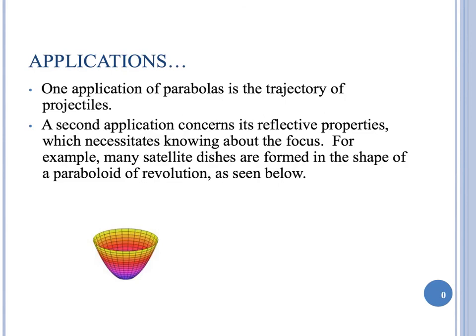If we're looking at, say, satellite TV, if you have dish TV service, we can find the best spot to put the receiver at the focus of the parabola. So let's go take a look at the next slide and see exactly how this works.